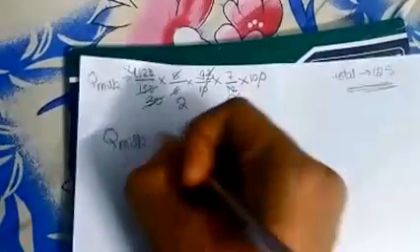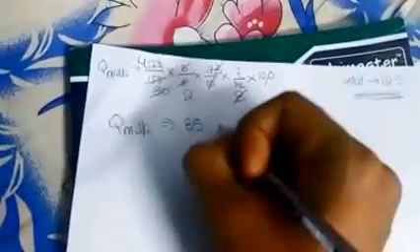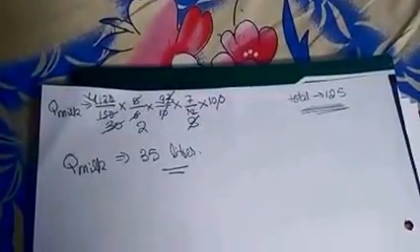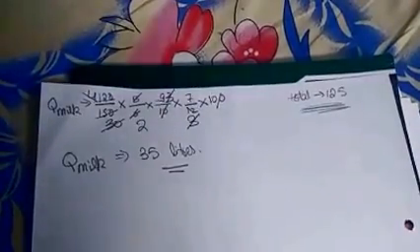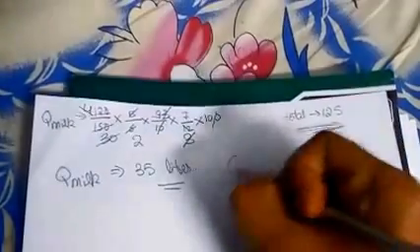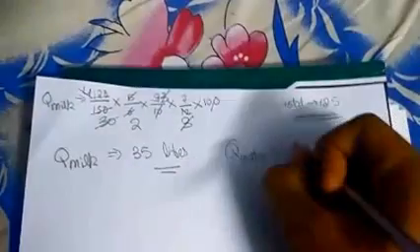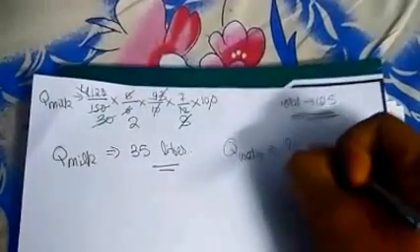So we would have the quantity of milk as 35 liters. So now we have found that the quantity of milk is 35 liters. The total volume is 125 liters. So the quantity of water, it's obvious that it will be 90 liters.